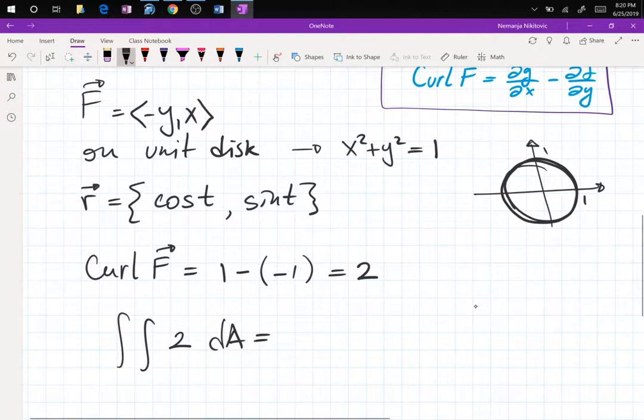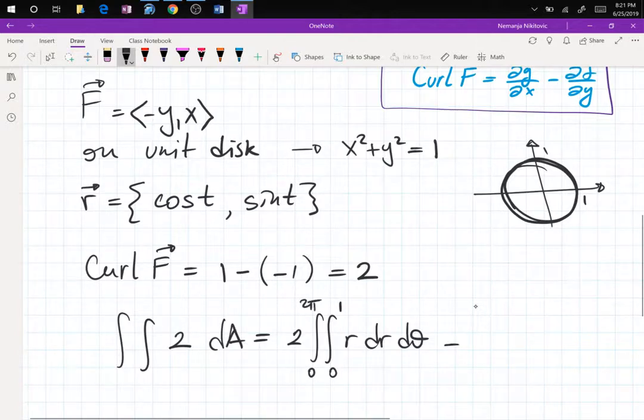Hopefully we are going to use polar coordinates to set this up. So kick the 2 outside, and we have the double integral of r dr d theta, with r from 0 to 1 and theta from 0 to 2 pi, because we want the full circle.